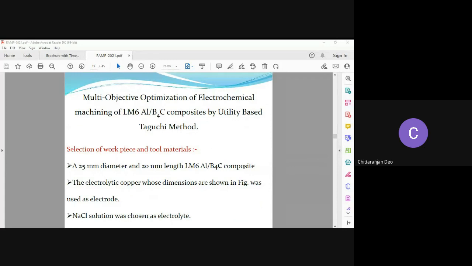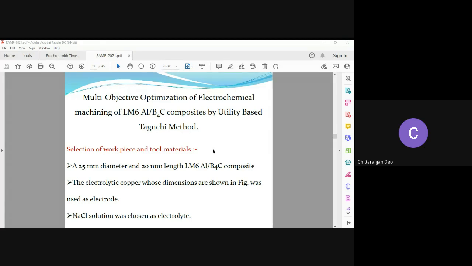Now we'll go to our main subject, that is multi-objective optimization of electrochemical machining of aluminum boron carbide composite by utility method. Here a hybrid metal matrix composite has been taken because it plays a significant role in various fields of aircraft, marine, automobile industry components, and many more.